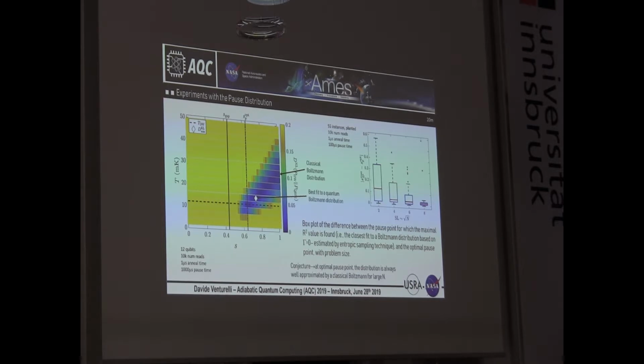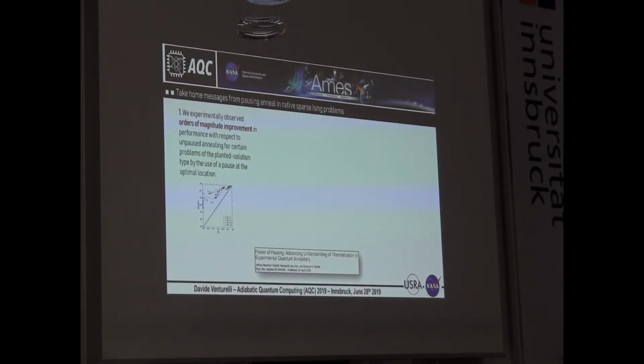And what we show in the paper is also that the larger the problem, the more true it is that the distribution is substantially a classical Boltzmann distribution. And we do some statistics about that. So the takeaway of this particular problem study is that it is always convenient to pause if you're wanting to increase the probability of reaching the ground state or a low energy state.